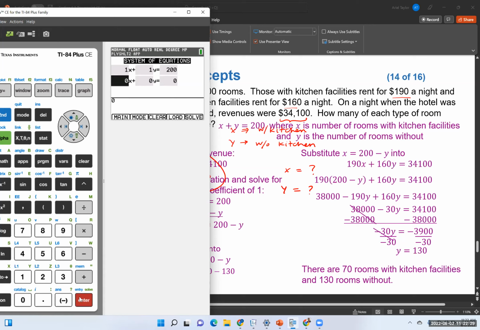The coefficient for the second one was 190x in terms of value, 160y in terms of value without the kitchen. And we made $34,100 that night. So we had like a dollar equation. Type it in right now. You can just click solve. So this tells us that there are 70 rooms with kitchens and 130 without.